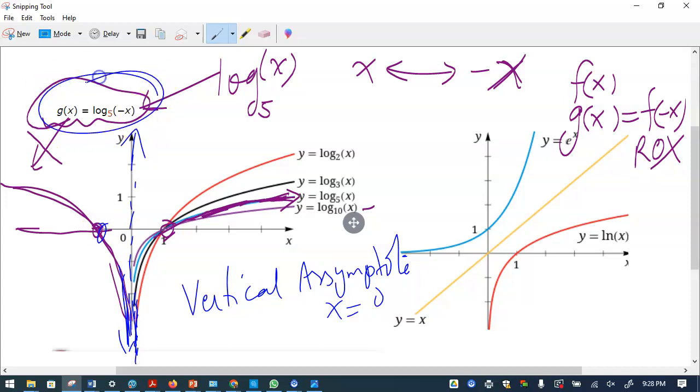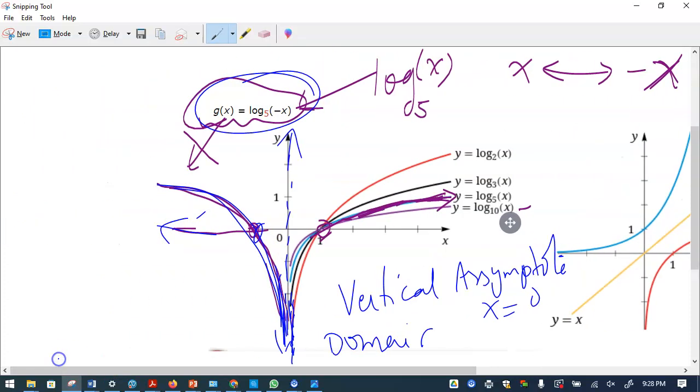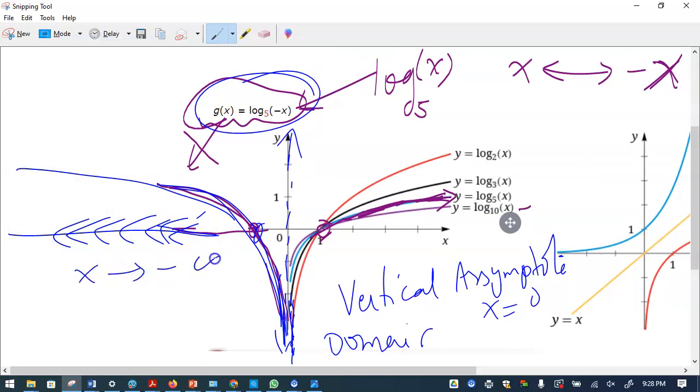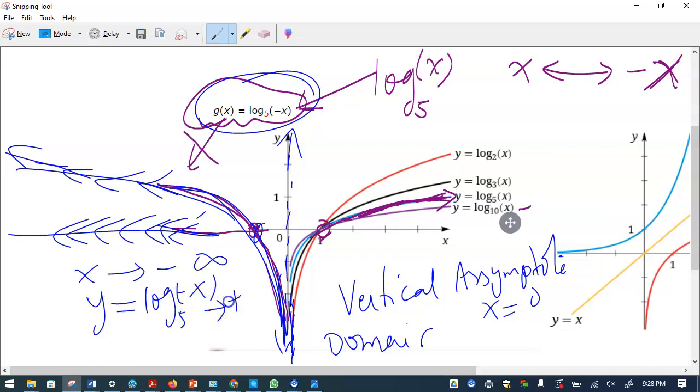You can see from the graph itself, it goes to the left. As x goes to a very large negative number, this goes to plus infinity. So the y value, the logarithm of 5 to the minus x, goes to plus infinity.